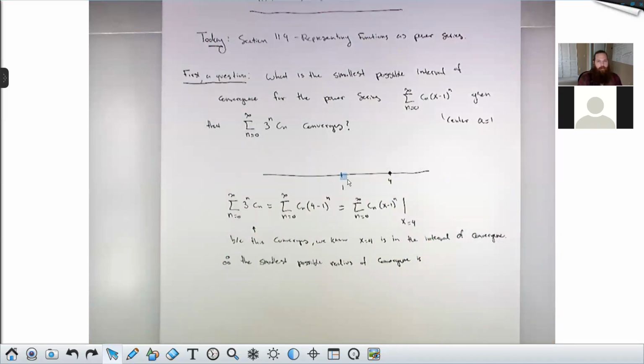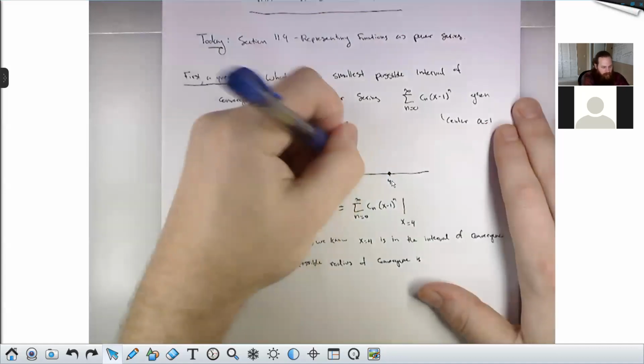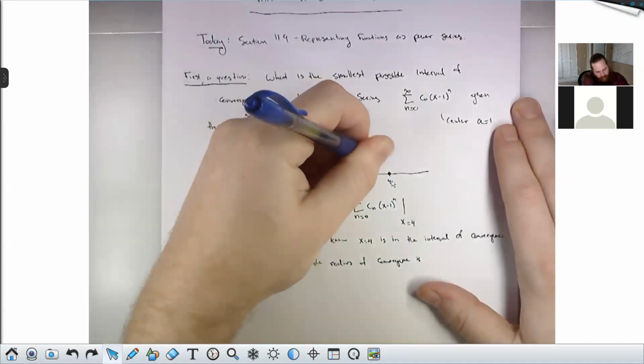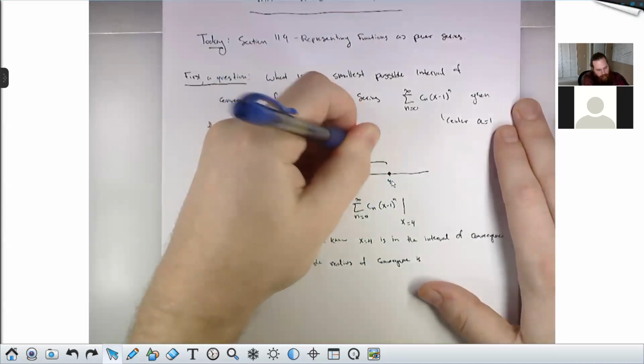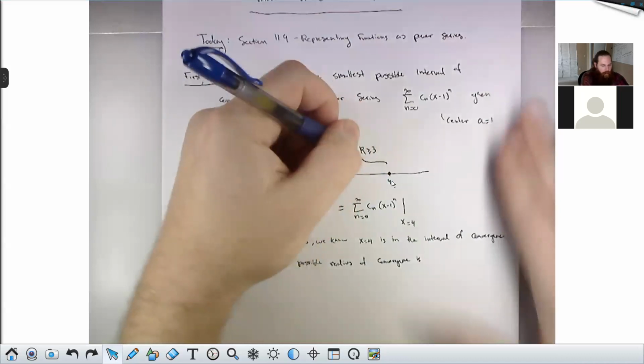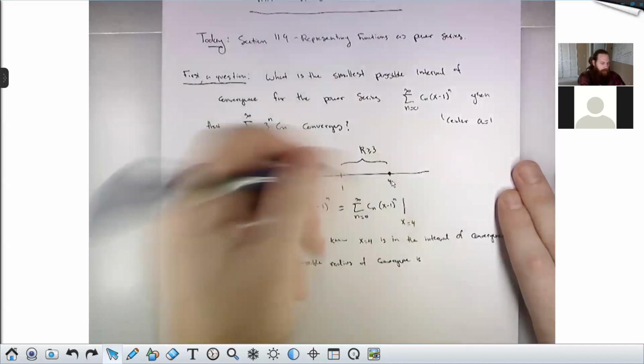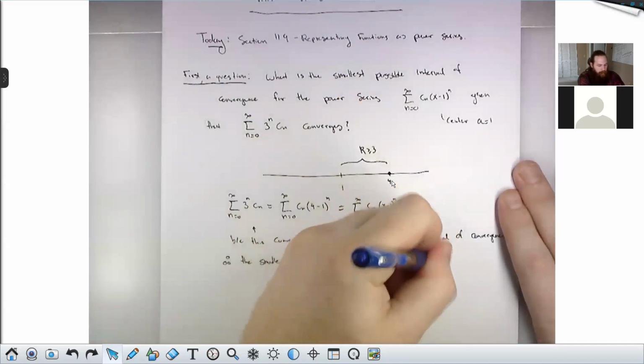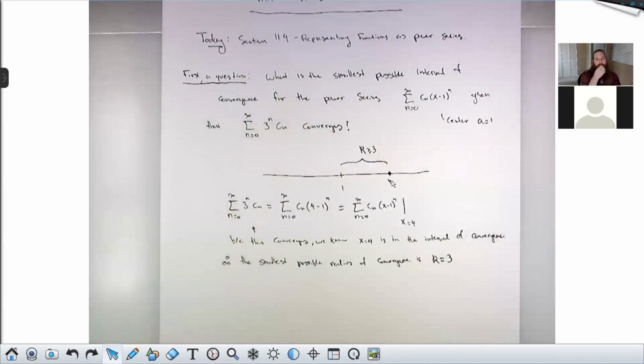Remember, the radius is always measured from the center. So the smallest possible radius of convergence is this distance, which is 3. So the radius of convergence has to be at least 3. So the smallest possible radius of convergence is 3 itself.